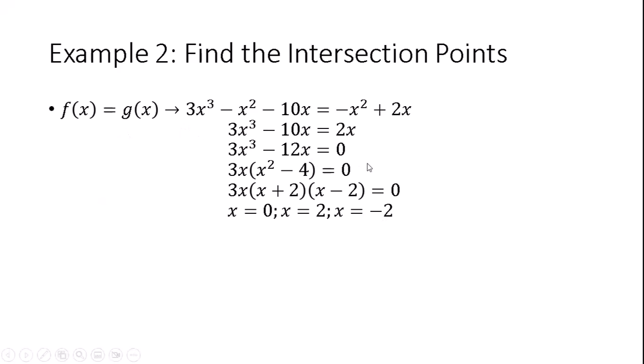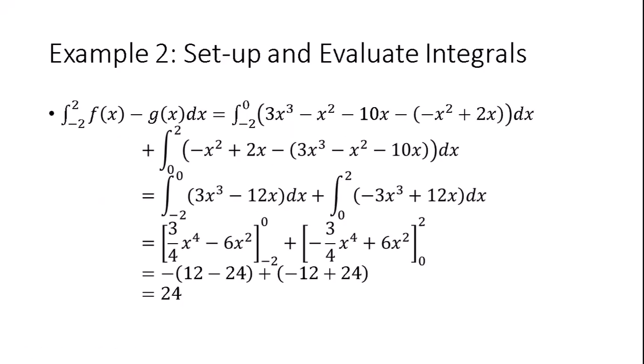Now we're going to set up and evaluate the integral. So the integral from -2 to 2 of f of x minus g of x dx can be split apart into the integral from -2 to 0 of f of x minus g of x. Now, in this case, this is going to be 3x cubed minus x squared minus 10x minus the quantity negative x squared plus 2x.